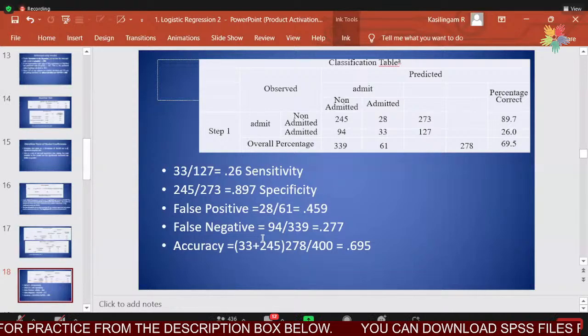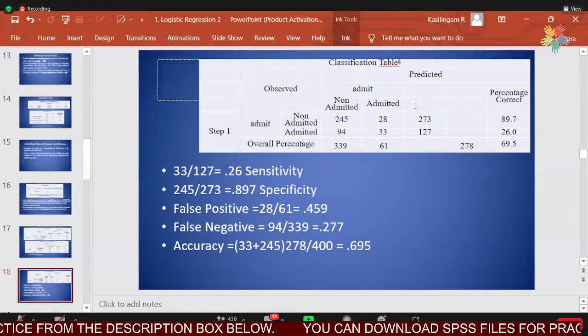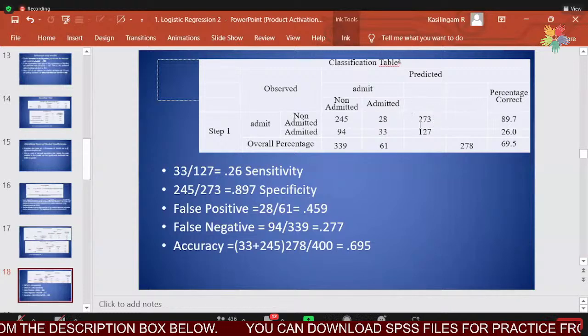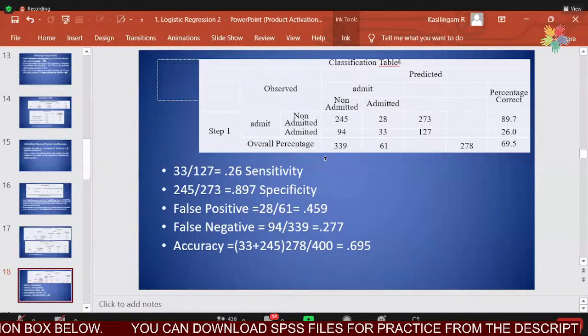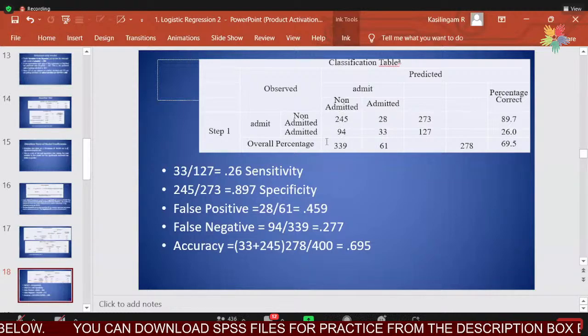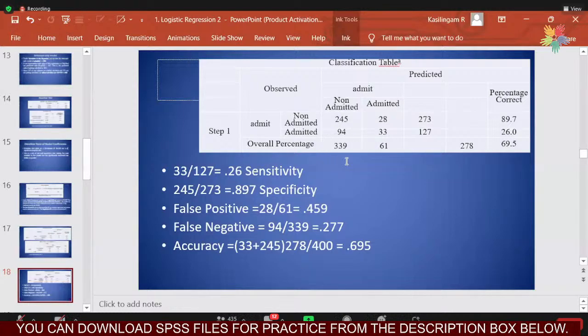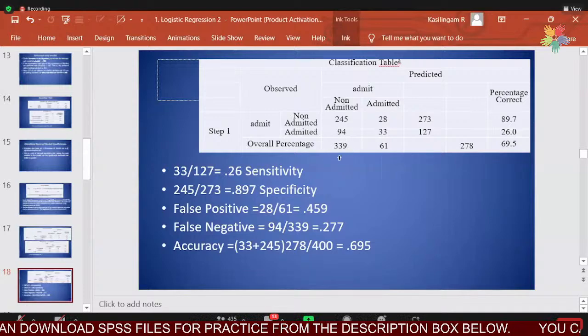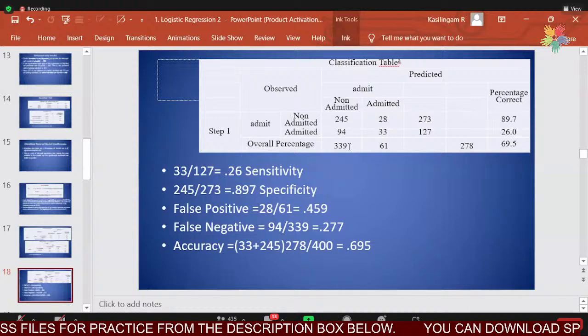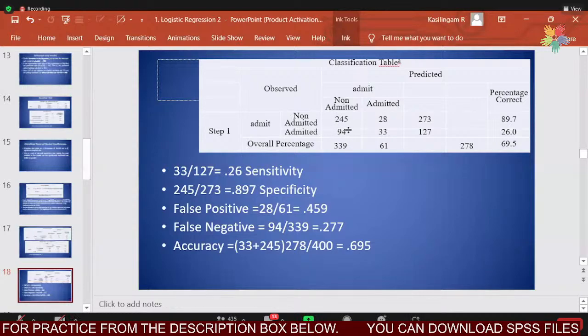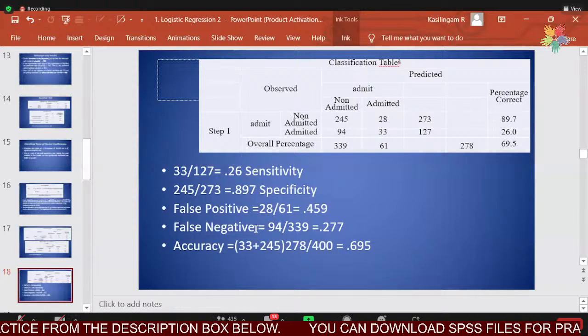False negative: out of total predicted not admitted, in the total not admitted that we predicted, the wrong prediction is 94.